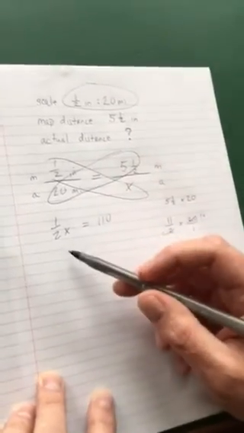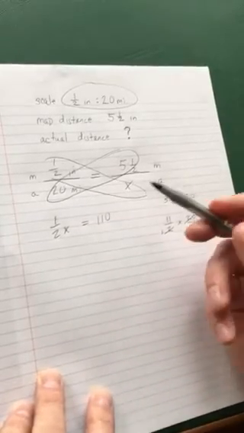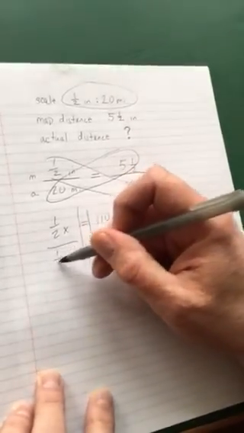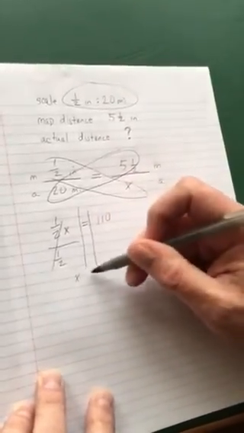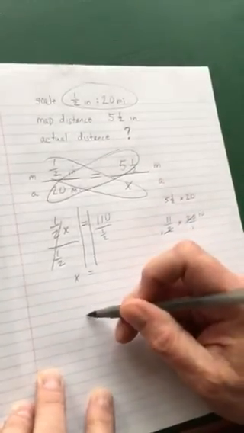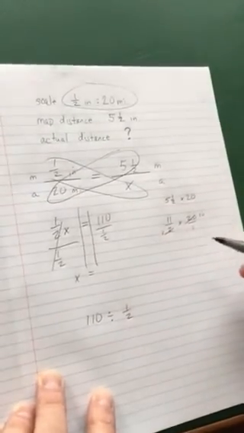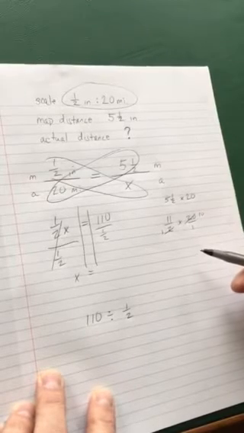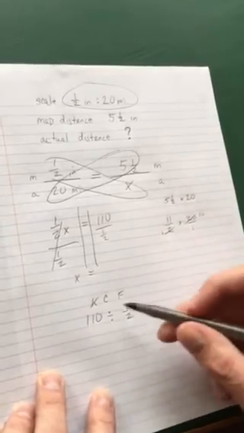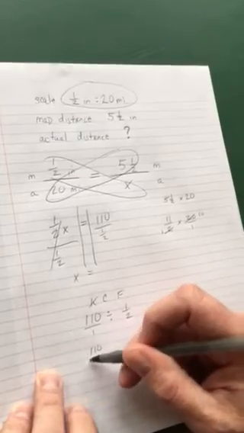So now our algebraic equation is 1/2 times x equals 110. And then we solve like we would any other algebraic equation. We isolate our variable. Now we've got 110 divided by 1/2. I know you all know how to divide fractions. Before we do our keep, change, flip, we're going to make 110 improper, so we'll keep that 110 over 1.